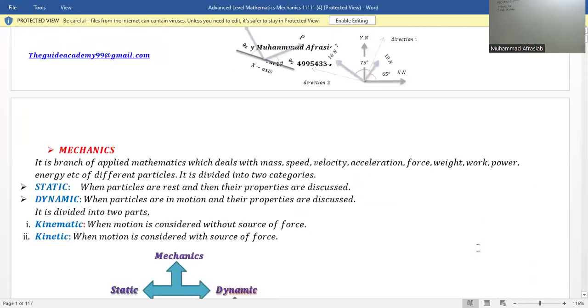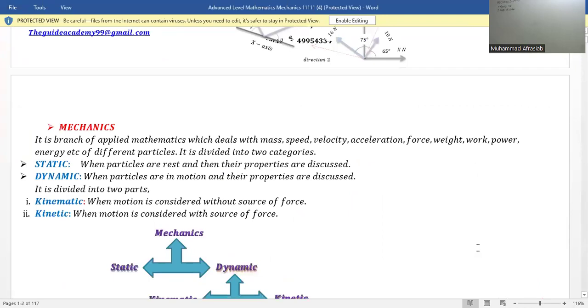The first thing is the definition of mechanics. It is the branch of applied mathematics which deals with the mass, speed, velocity, acceleration, force, weight, work, power, energy, etc. of these different particles.